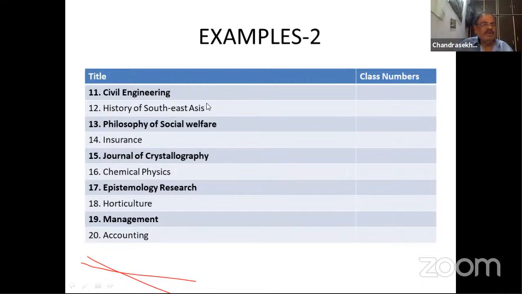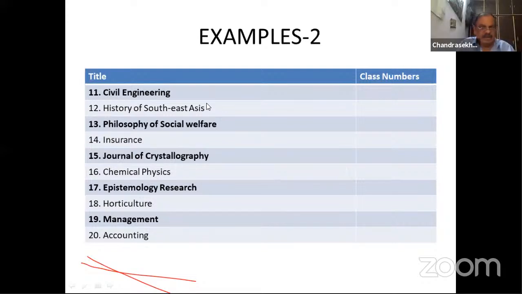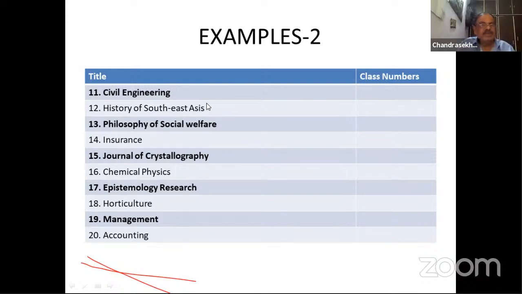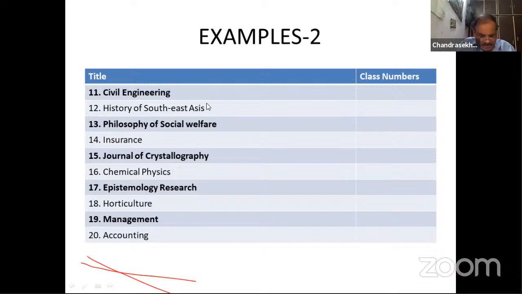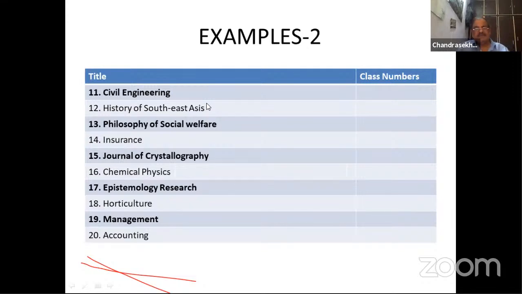So where will we discuss social welfare? 360, social sciences. Under social sciences, 360 is social problems and services. Social welfare. You can take 361, and 363 we can see, other social problems and services.